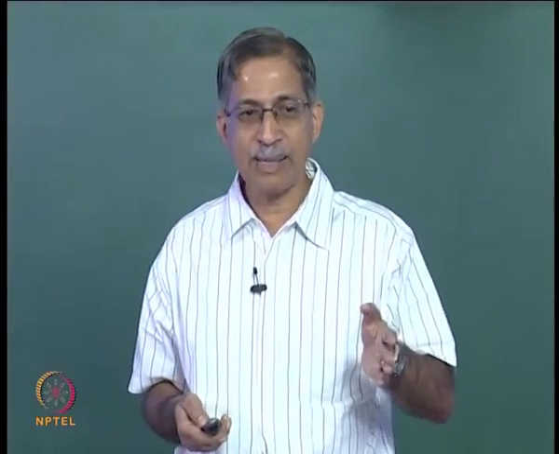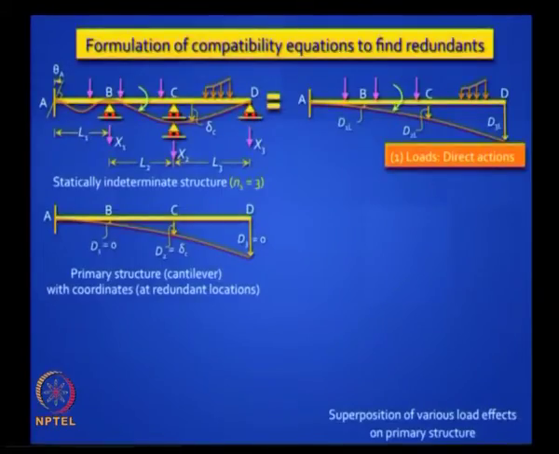So at those locations 1, 2, 3 where the redundants operate, you must be able to find D1L, D2L, D3L. You know enough techniques for finding deflections. Any method you can use. We will use the unit load method because it will help us generate the flexibility matrix very easily in a generic fashion. Then you take the same beam and now you apply support settlement.